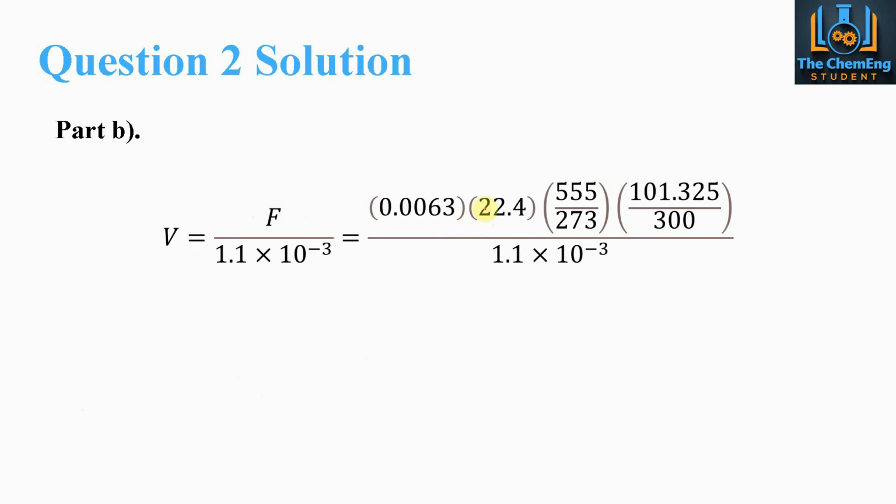So we have the ratio between our operating temperature and our standard temperature of 273, our standard pressure, so our atmospheric pressure divided by our operating pressure, our molar volume multiplied by our number of moles. When we work this out, we get V to be 88.18 meters cubed. And that's how you would go about solving using this type of system.